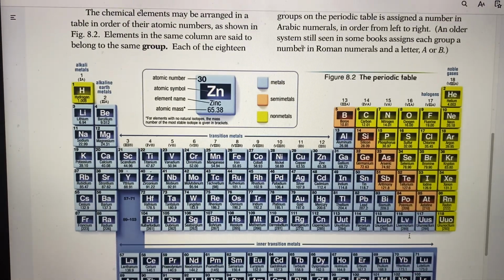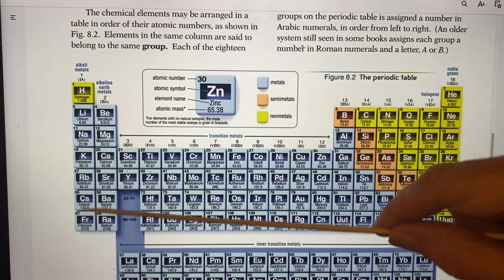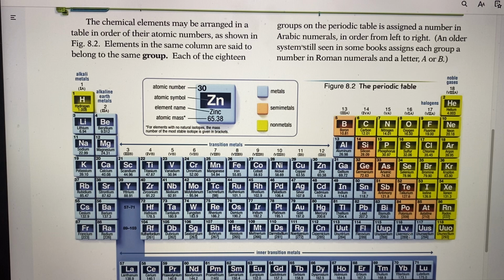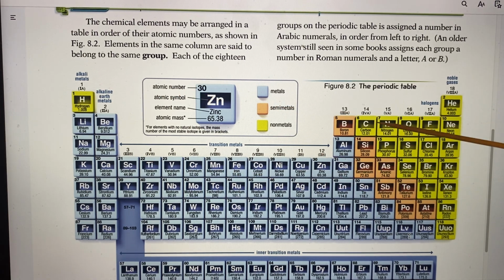Elements in the same column are going to be in the same group. So each column is a group. And some of the elements in the periodic table will be in the same row, and these are rows, just so you know. There are 18 columns here, labeled 1, 2, 3, 4, all the way across to 18. It used to be Roman numerals, but now they put them in Arabic numerals.